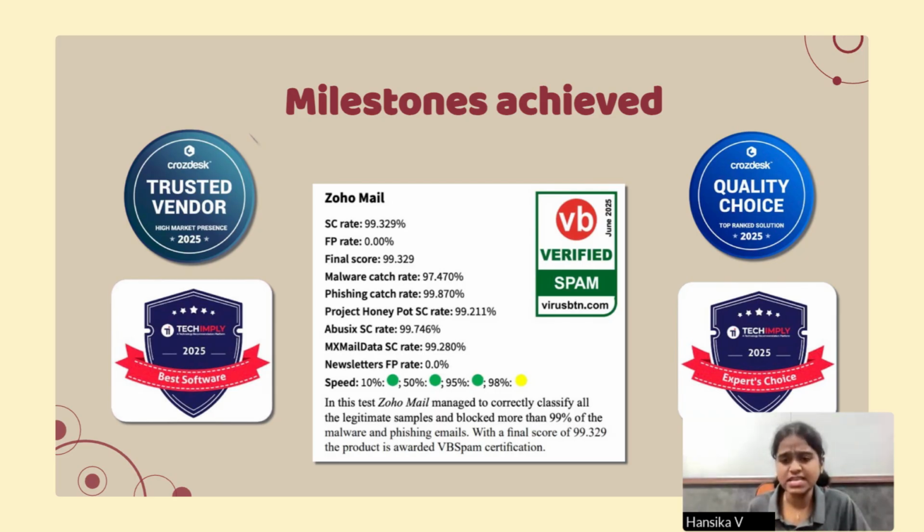The Quality Choice and Trusted Vendors badges highlight the trust and consistency that users experience in Zoho Mail every day. These milestones mean a lot to us, not just as awards, but as an encouragement to keep improving the way you connect, collaborate, and communicate. We take this opportunity to thank you all for that.